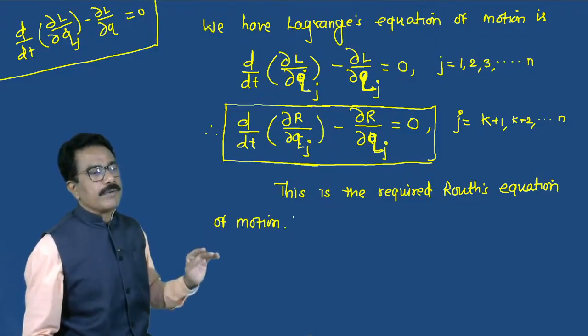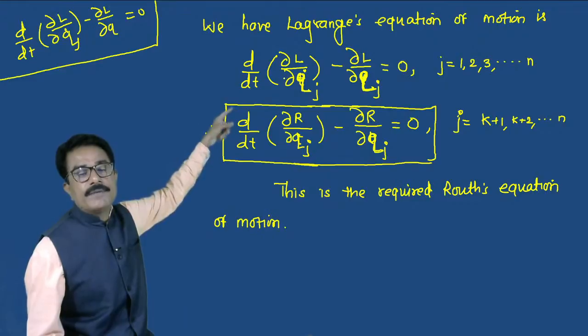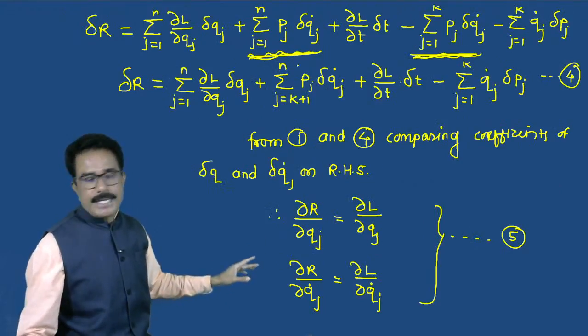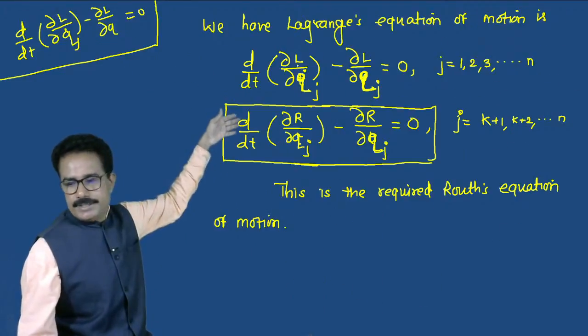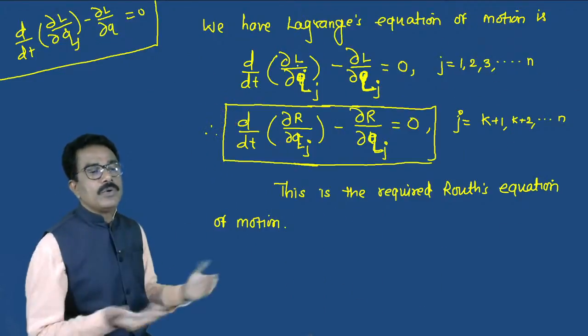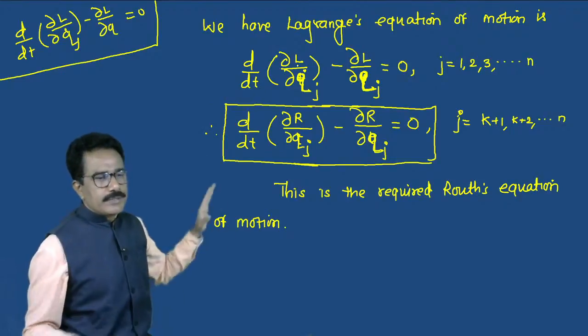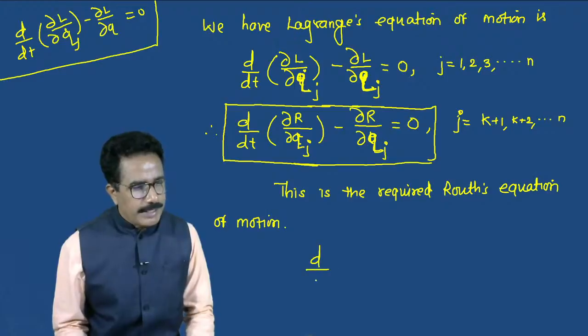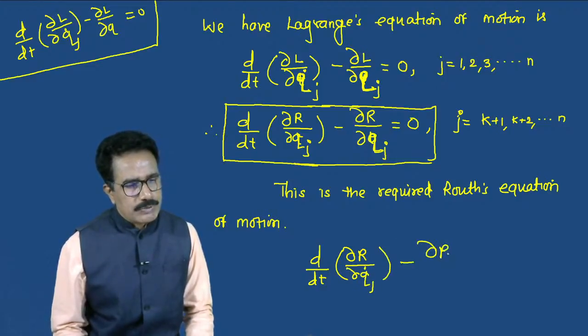Here Routh's equation of motion can be obtained from the Lagrange's equation of motion by comparing this. Understood? Here we write generalized coordinates, ∂L/∂qj dot. Okay, so the required Routh's equation is d/dt of ∂R/∂qj dot minus ∂R/∂qj, which is equal to 0.